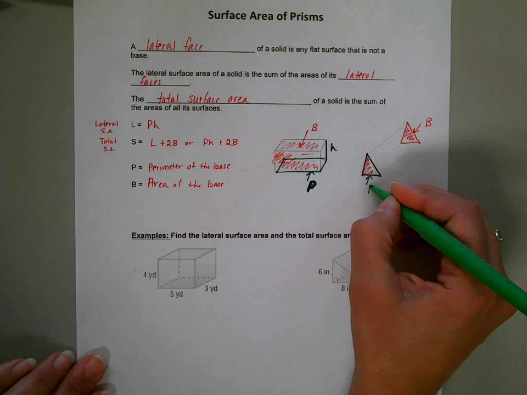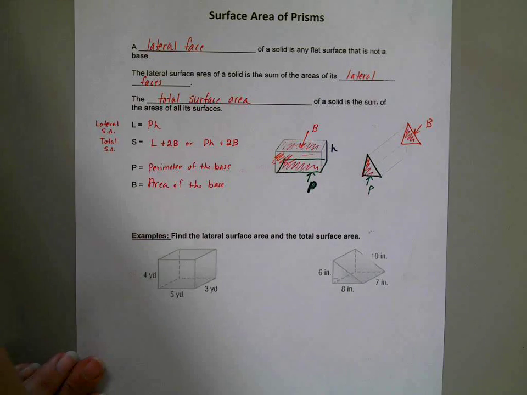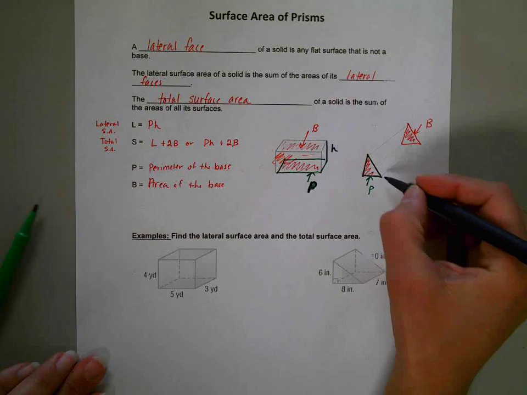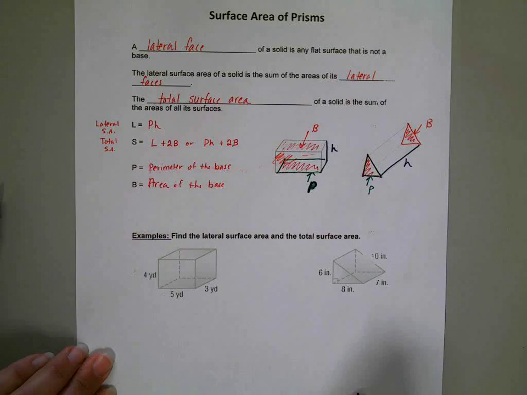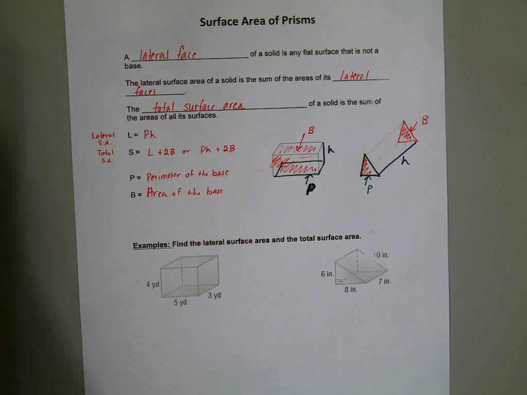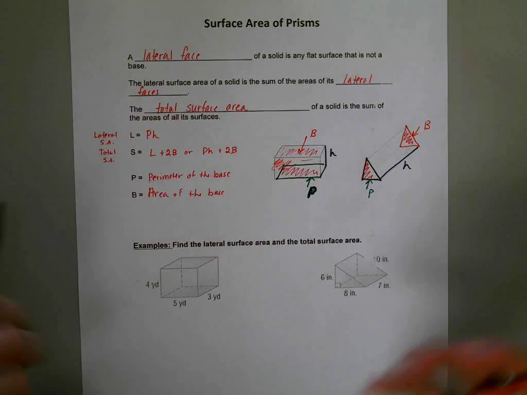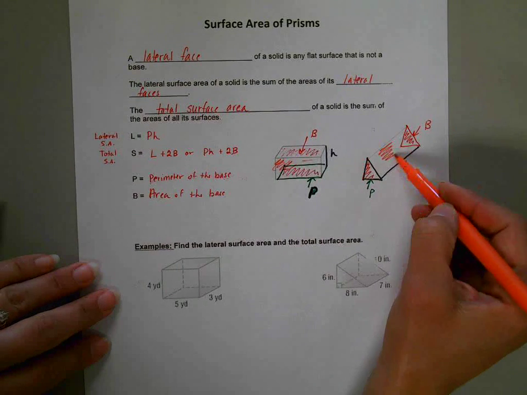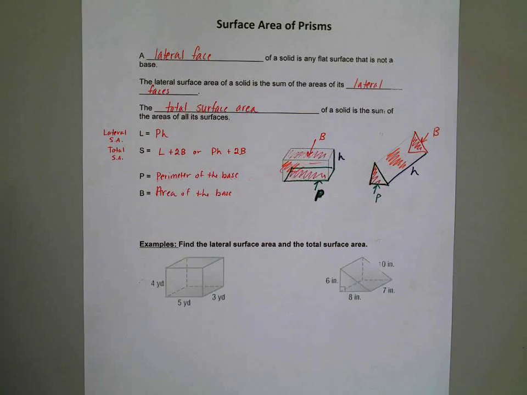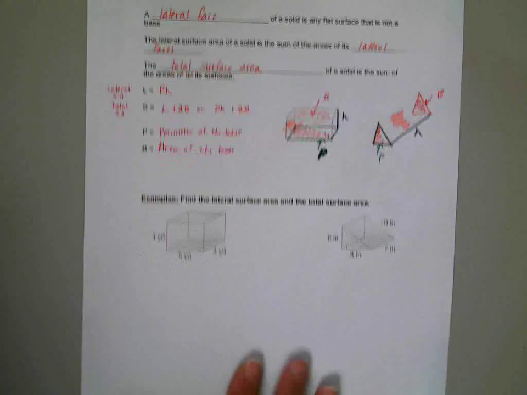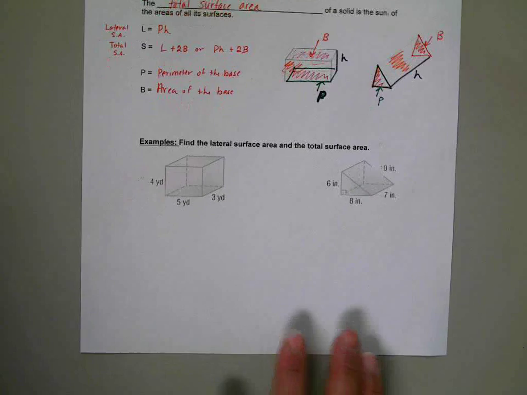That's our big P. And then the height is going to be the height of the prism. And then the lateral faces are going to be these rectangular shapes there.